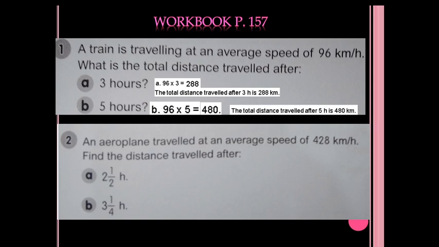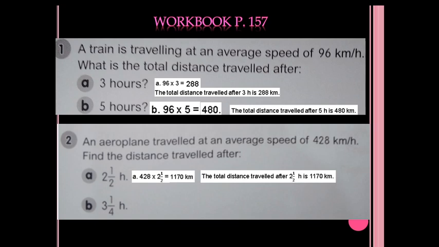Now number 2. An airplane traveled at an average speed of 428 kilometers per hour. Find the distance traveled after A, 2.5 hours, and B, 3.25 hours. Now answer A. So that means 428 times 2.5 equals 1,070 kilometers.